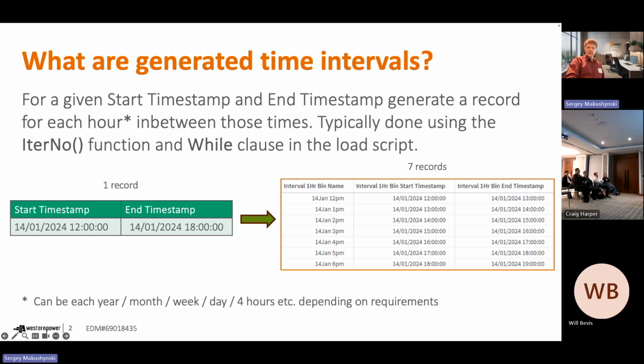Now, something to note from this is that you need to have an inclusion and an exclusion. So do you include values at the start of the interval and exclude them from the end, or do you do the reverse? I chose to exclude at the end. So in this instance, you'll see that the end timestamp is at 1800 hours.